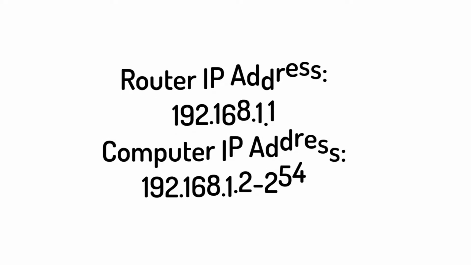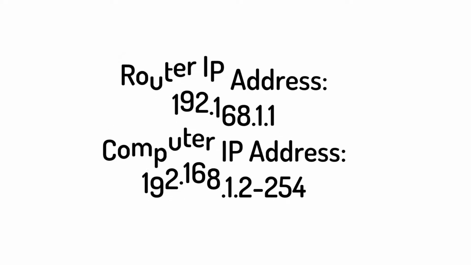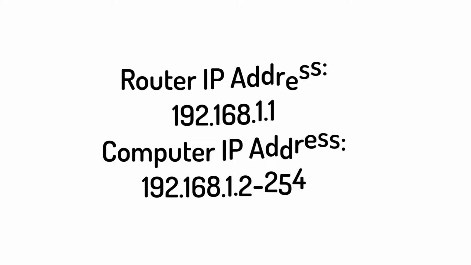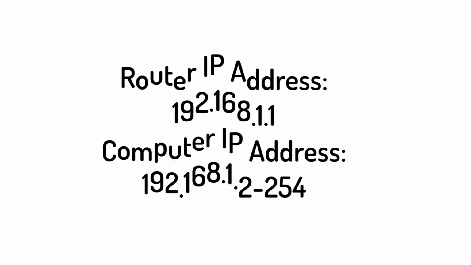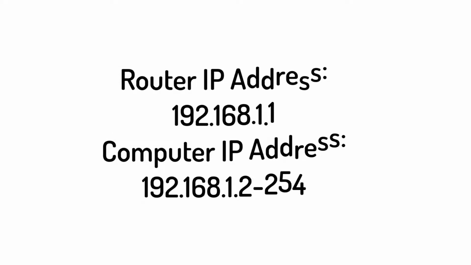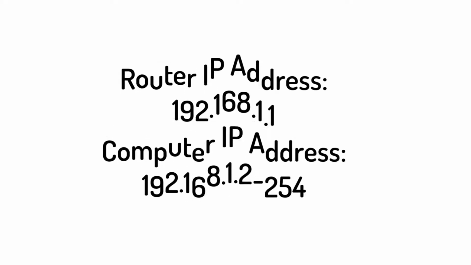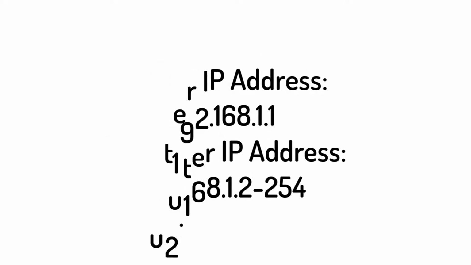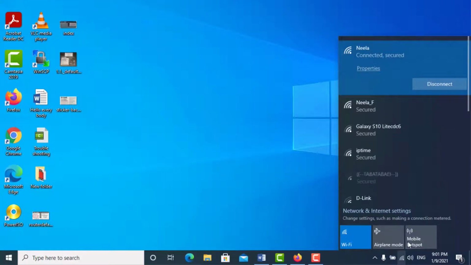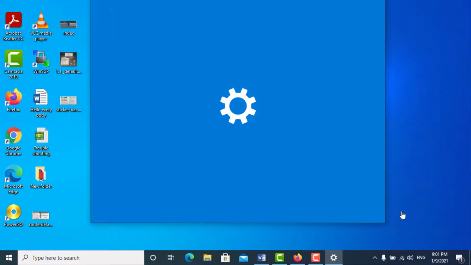For example, if the router's IP address is 192.168.1.1, your computer address should be 192.168.1.2.